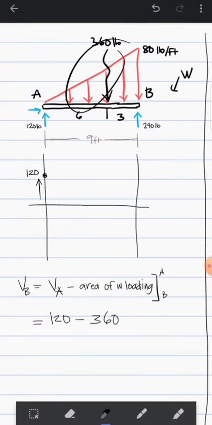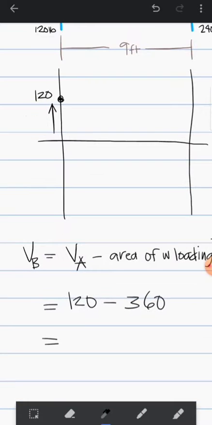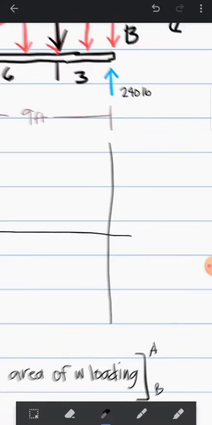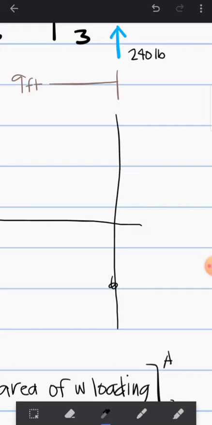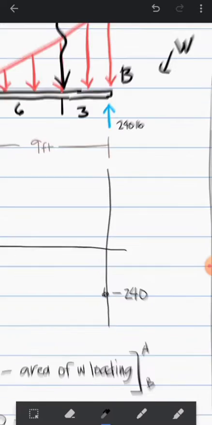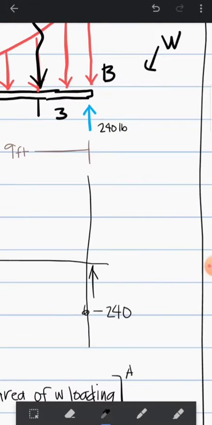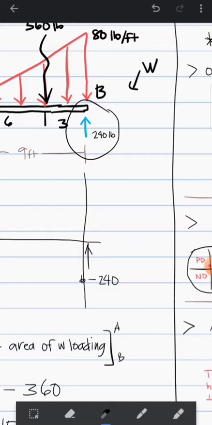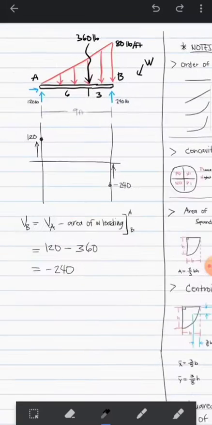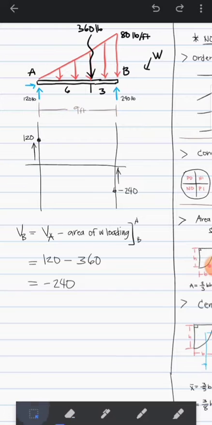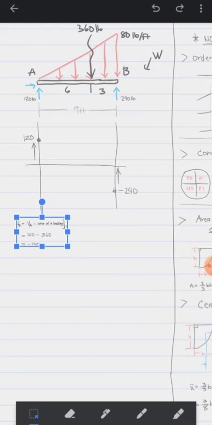Therefore, VB is negative 240. Then we go downwards to negative 240. And then we go back upwards because of the force at B, the reaction. So that is it for A to B in the shear.